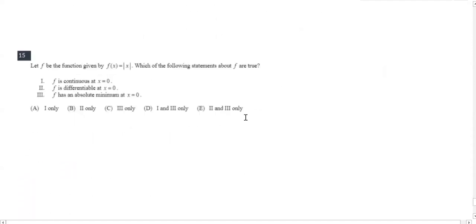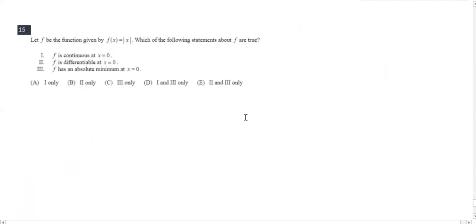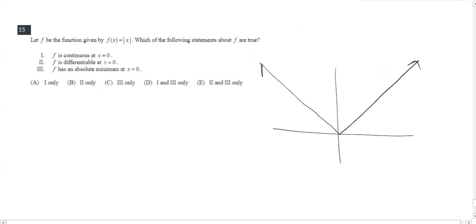Okay. And the last one, let f be the function absolute value of x. Which statements about f are true? F is continuous at 0, f is differentiable, f has an absolute min at x equals 0. Well, if you remember the graph of the absolute value function, it looks like this.